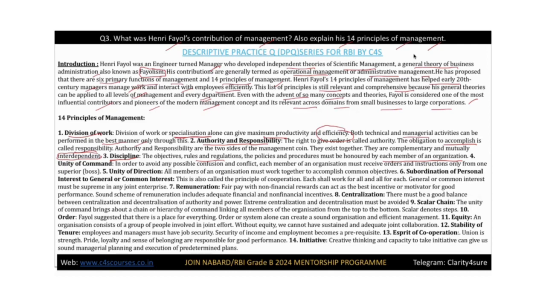Now comes the next principle, that is unity of command. Unity of command is about avoiding any kind of confusion or conflict in the ideas.